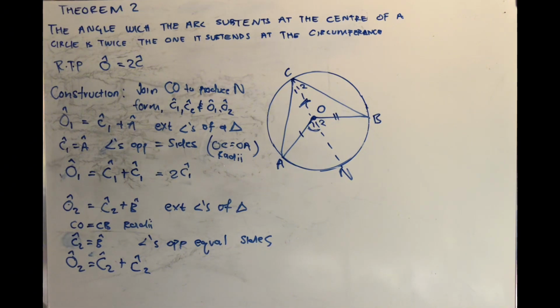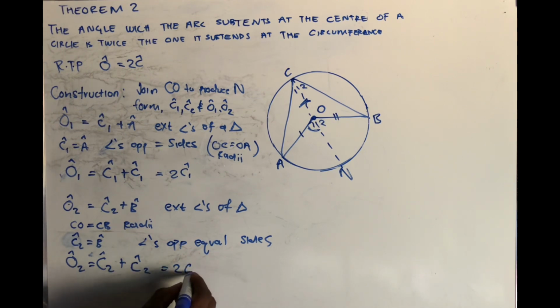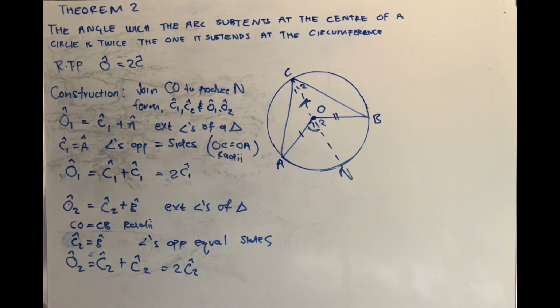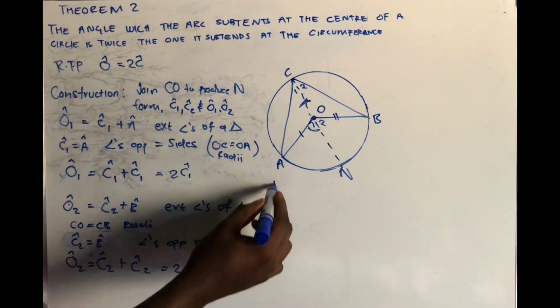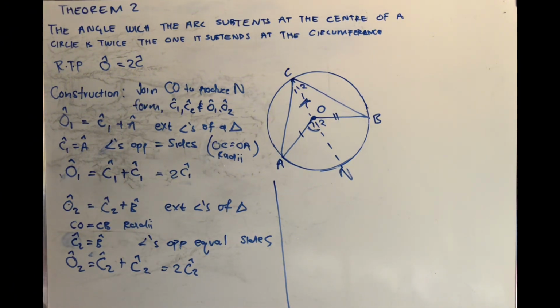Is that clear? C2 plus C2 gives you 2C2. So now we have angle O1 being 2C1 and O2 being 2C2.